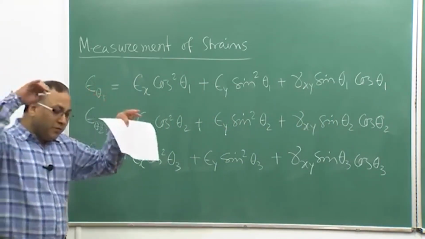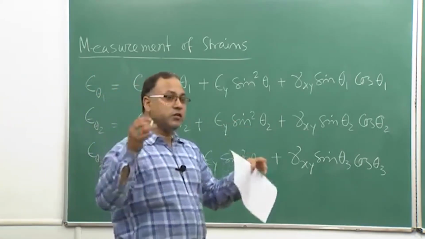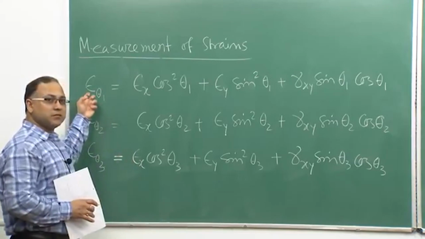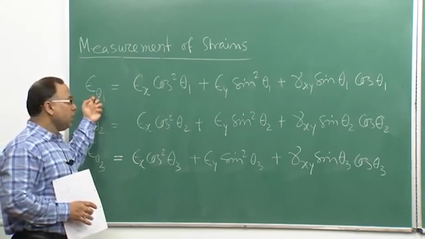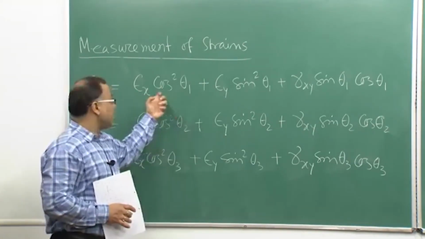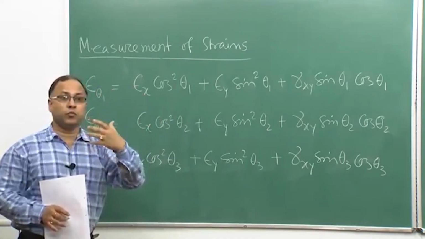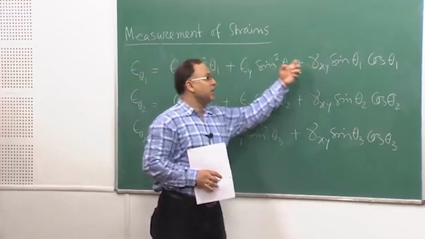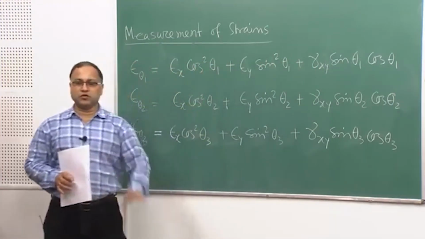In the previous discussion, when we talked about this kind of equation, the left side was unknown. On the right hand side, you knew epsilon x, epsilon y and gamma xy, and of course theta 1 was known to you.